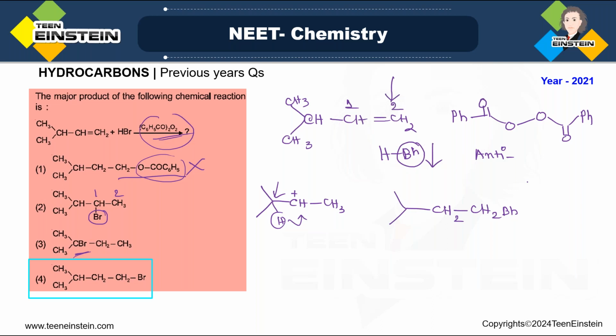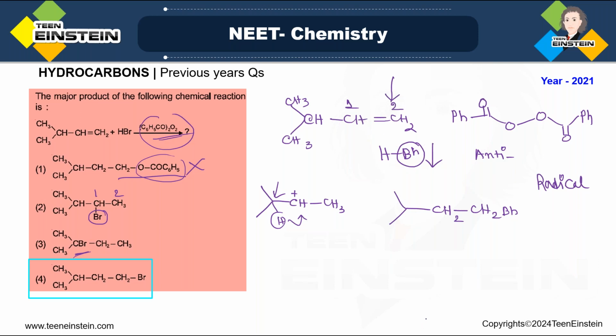Because this mechanism is through a radical mechanism, and that is why there is no question of this type of rearrangement. Fine. I'm not saying that radical rearrangement doesn't take place, but here that will not happen. And when you use a peroxide compound and you are adding HBr, it is the anti-Markovnikov rule. It is only applicable for HBr, not HCl or HI.